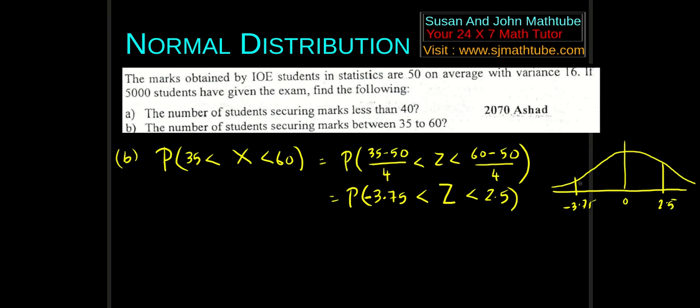So they are interested in this much area, and from the table you find F of 2.5. In which table? The positive table. 2.5, what's the value? 0.9938. And now in the negative table, can you spot minus 3.75? I think this value is missing in the table. No. That is what many students think.